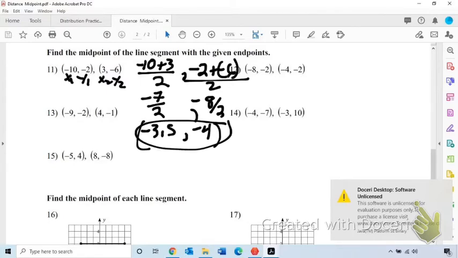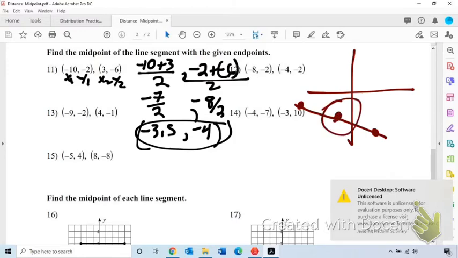And so if you ever are curious as to whether or not that works, what I would suggest is, you can sketch a little graph. Negative 10, negative 2 would be around here. 3, negative 6 would be around here. Connect those two. Negative 3.5, negative 4. Yeah, that looks like right around the mid place.